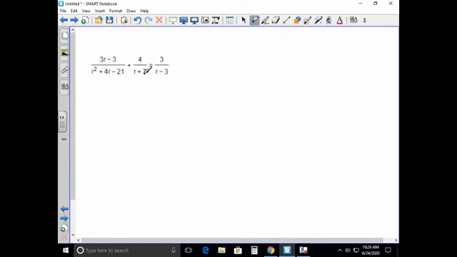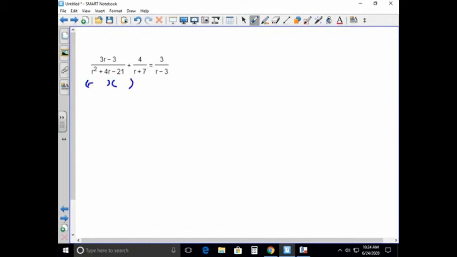Right, let's take a look at this one. So let's start out by factoring this denominator so that we see what factors that denominator is made of. That's going to help us know what we need to get rid of.